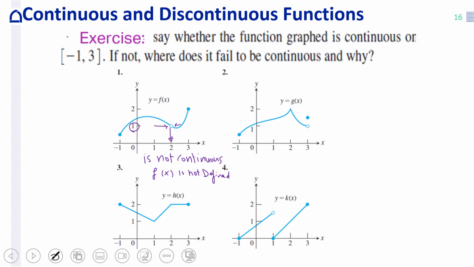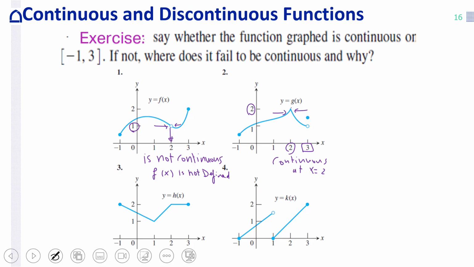This one, at x equal to 2, the left limit equals the right limit equals 2, and the function is equal to 2. So it is continuous at x equal to 2. What about 3?